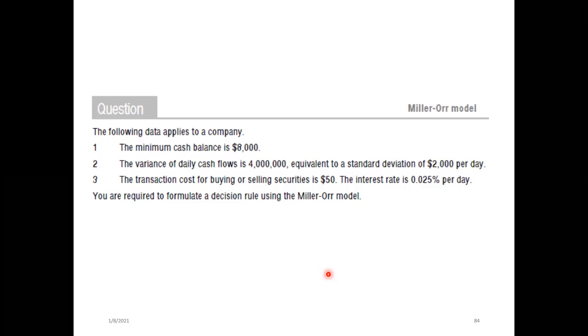Can you calculate this one? Please have a try on this. I'll give you 2 to 3 minutes. Please post your answer in the chat box.